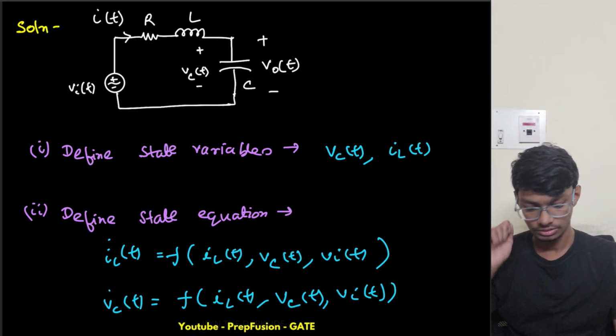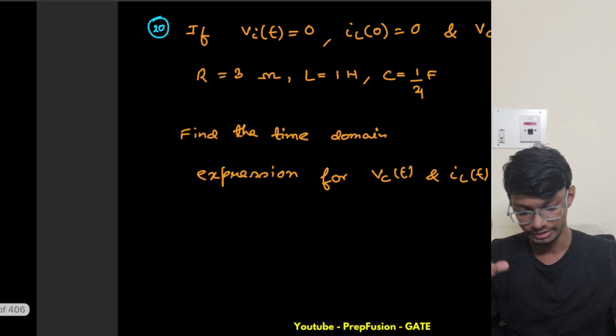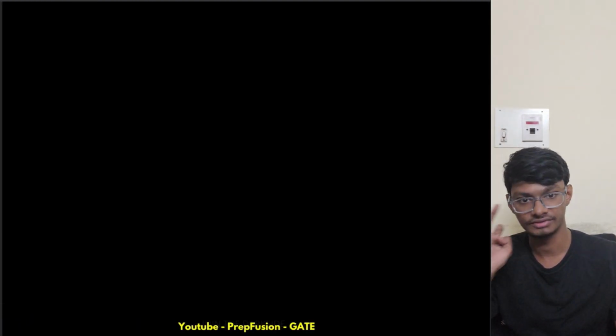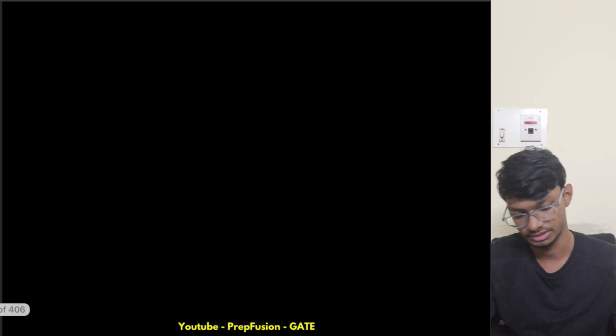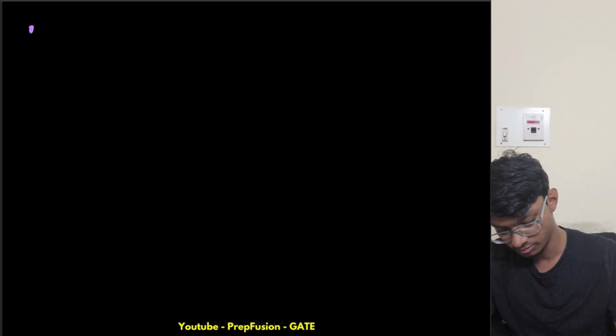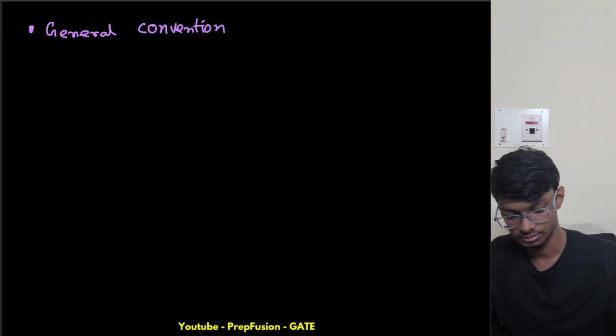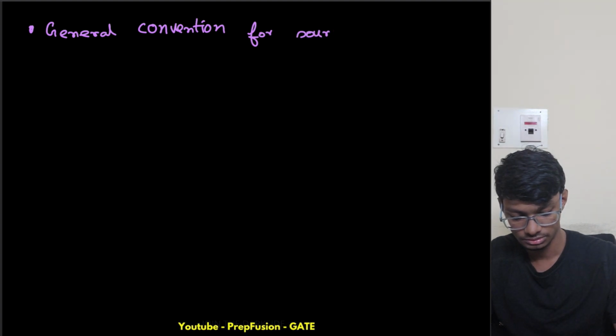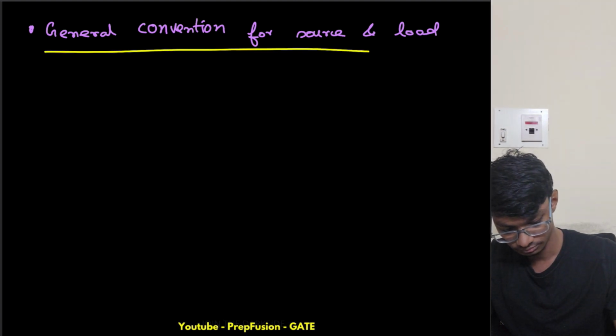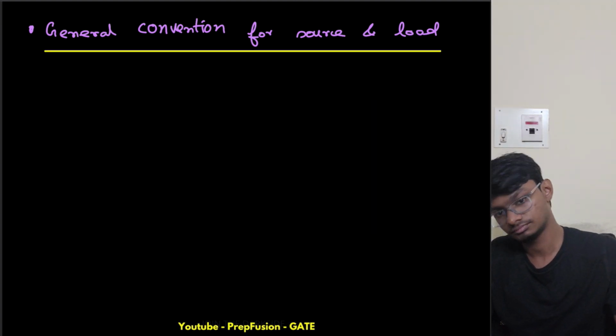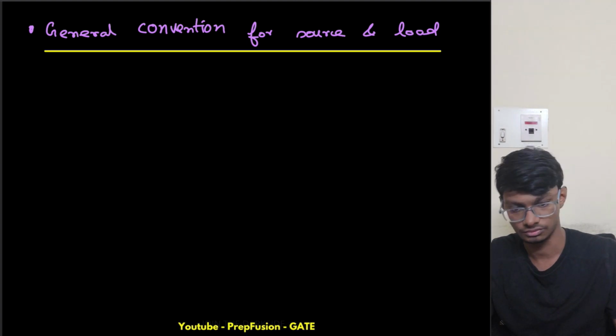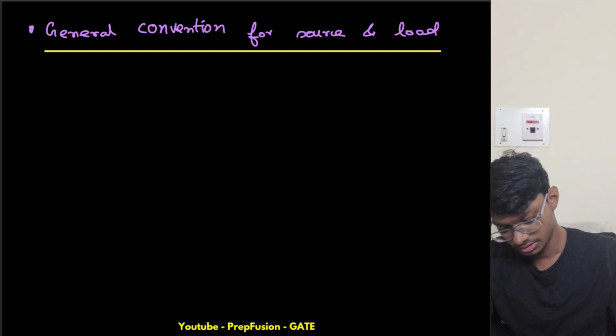So this is what I have to find, the equations. One more thing I forgot to tell you: what will be the general convention that I will take for source and load. So let me explain. The general convention for source and load is this one, right?